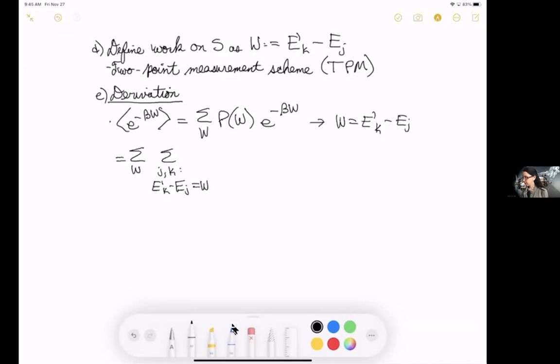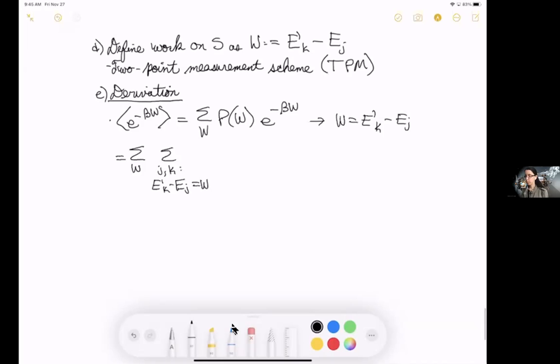Then this probability distribution over the possible work values turns into the joint probability distribution that the first measurement yields outcome j and the second measurement yields outcome k. Then we have our exponential and we replace the work with the energy difference in the argument.